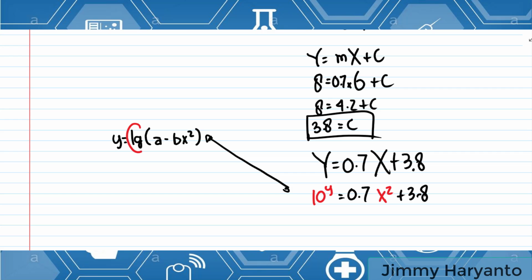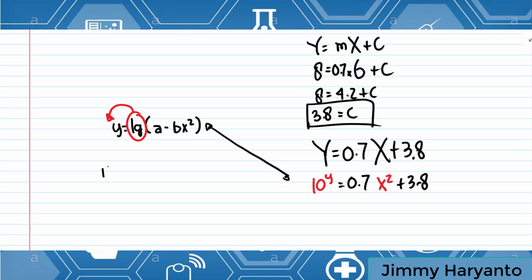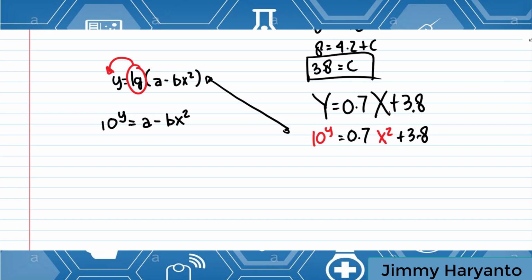How to get that? So we have to move the Lg into the left side. In the exercise I have told you when Lg moves to the other side, it will become 10 to the power of y equals to a minus bx squared. And then rearrange them.